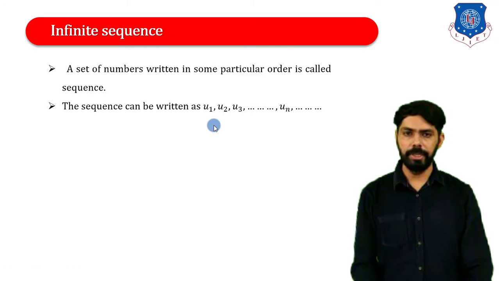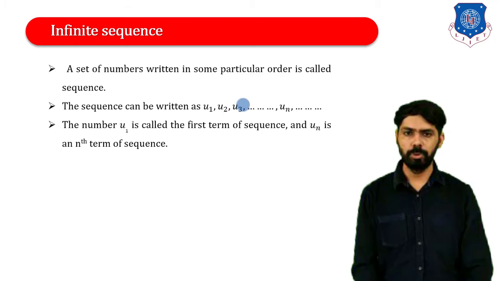Next, 1, 3, 5, 7, 9 is a sequence of odd numbers. Same way, 2, 4, 6, 8, 10 is a sequence of even numbers. The number u1 is called the first term of the sequence and un is the nth term of the sequence.